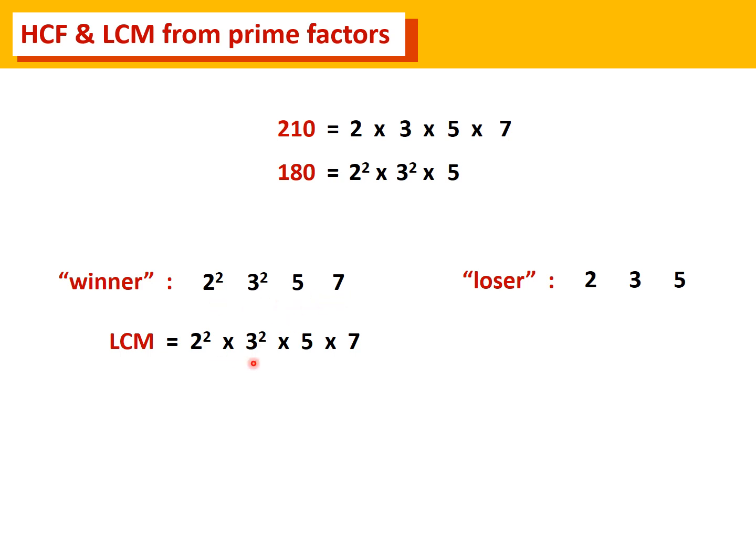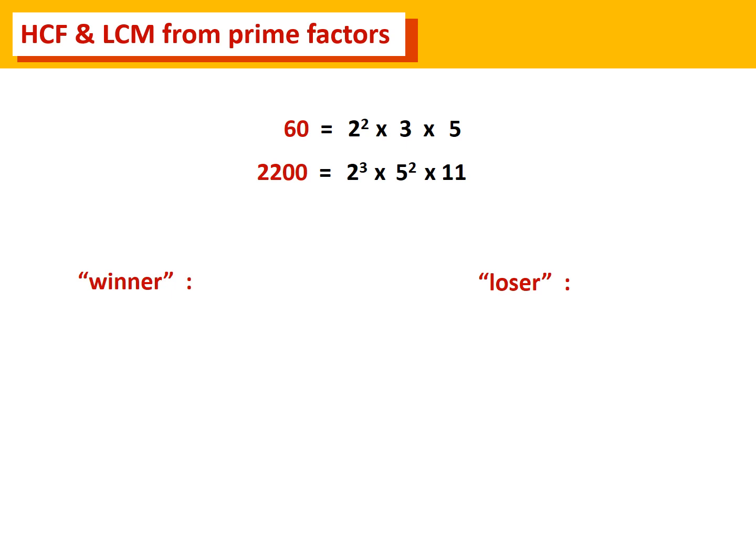We simply multiply them together and that gives us our lowest common multiple. In our losers list, 2, 3 and 5, well, we multiply those together and that gives us our highest common factor. So that little game of winners and losers helps find the lowest common multiple and highest common factor.